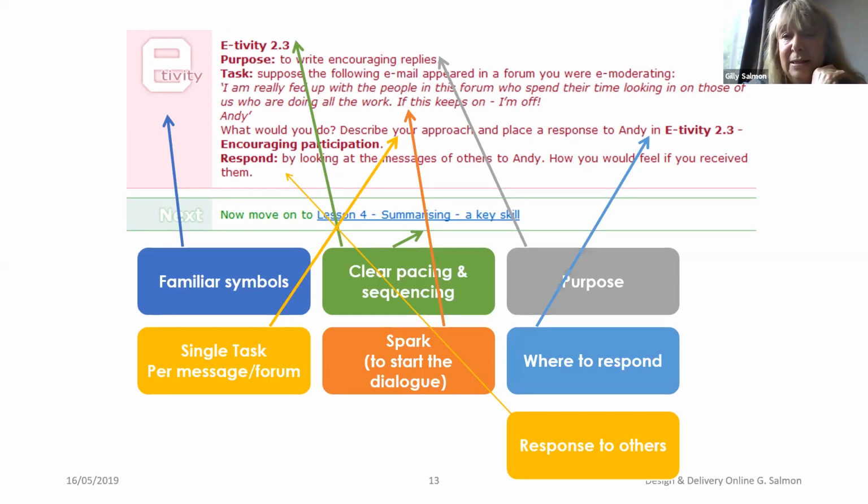And you always next put the purpose of the e-tivity. So many of us assume it'd be obvious to students why they're doing something, but if you put the purpose to the e-tivity, give it a nice title, they're much more likely to take part. And then the tasks. So this is an authentic task.